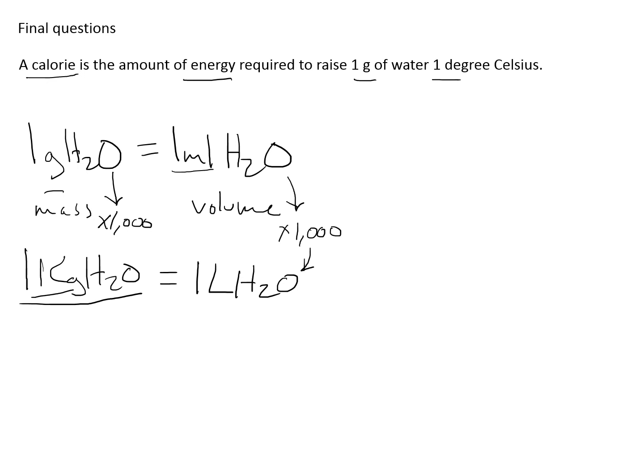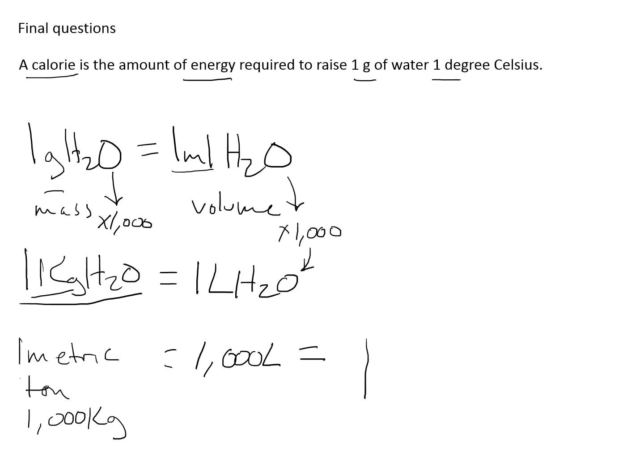It kind of continues in this manner. If we had one metric ton, that is 1,000 kilograms, and that is also going to be 1,000 liters, which also equals 1 cubic meter.